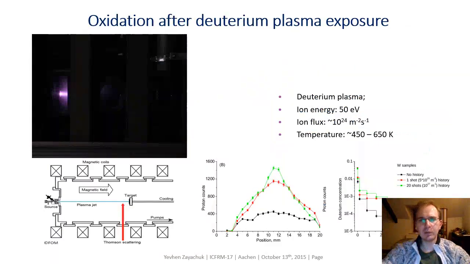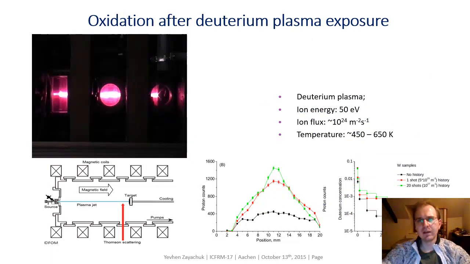The next part of our work consisted in using the Pilot-PSI source in the Netherlands to form a deuterium layer at the subsurface of the tungsten samples using deuterium plasma exposure, and subsequently doing oxidation of this plasma exposed surface.